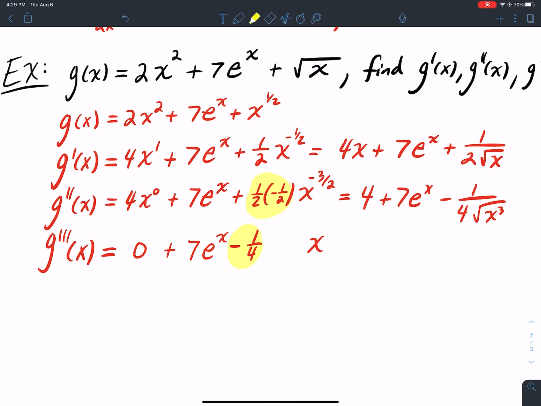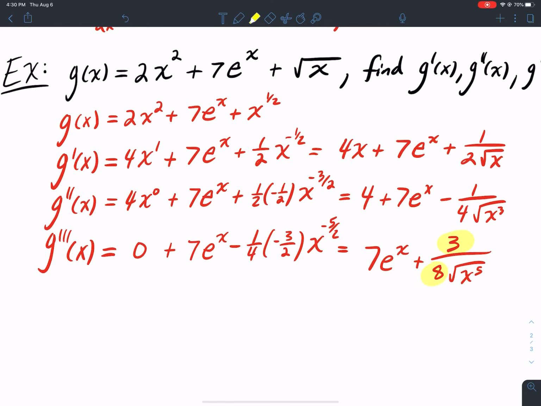What do I do? I take my exponent, I bring it out front. Okay, so I have -3/2 out front, and then I subtract 1 from -3/2, and I get -5/2. Okay, so I can simplify this. I don't have to write the 0 anymore. I'm going to write the 7e to the x, and then a negative times a negative is a positive, and then I have 3 in the top and 8 in the denominator.